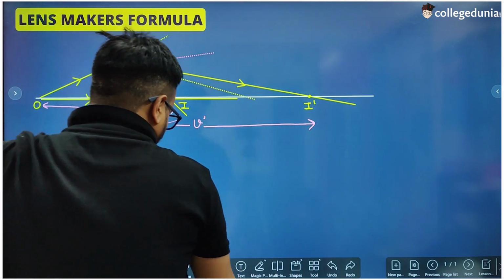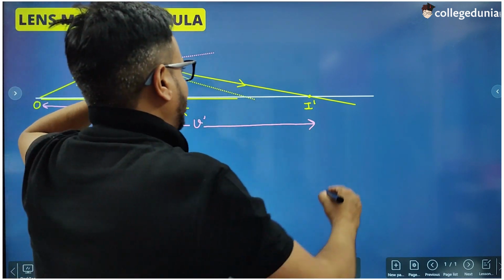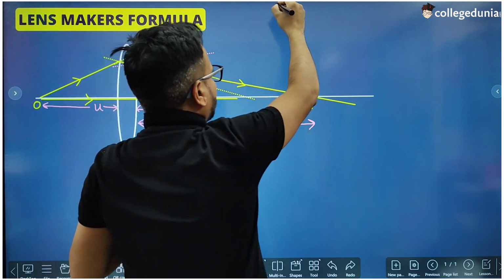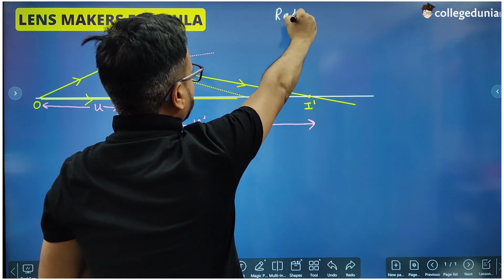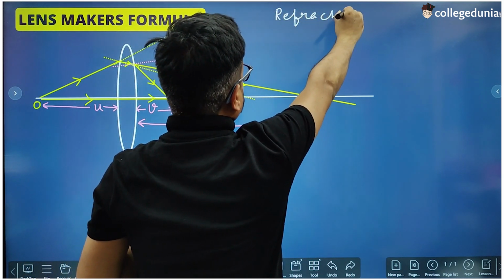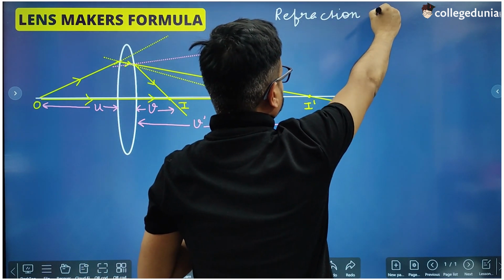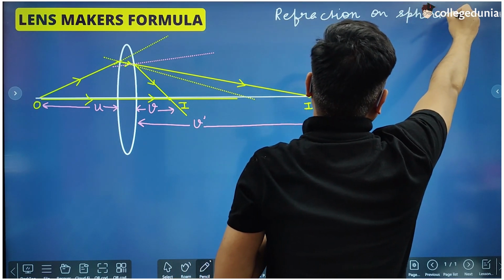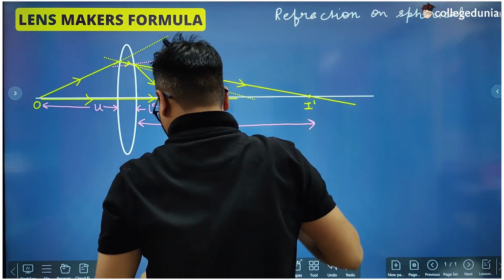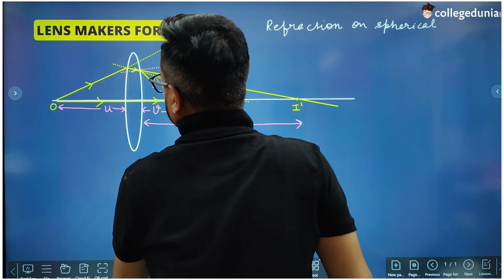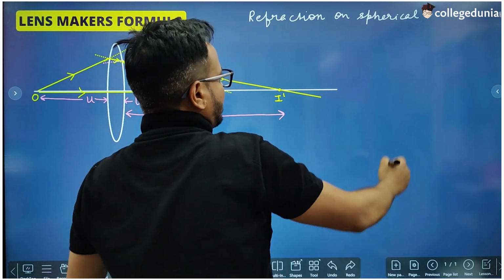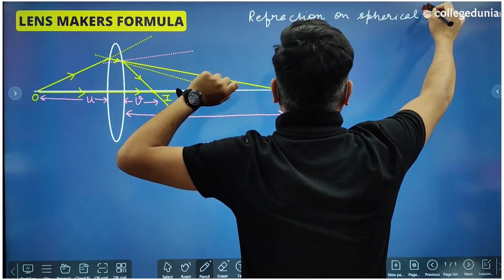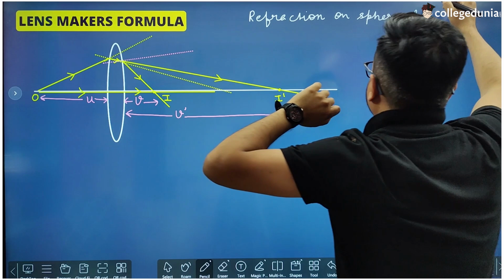Okay, now we will use two formulae for refraction on a spherical surface. These formulae which I am writing just now are part of ray optics before this topic, so you must know them, but if you do not, I'll make you revise.